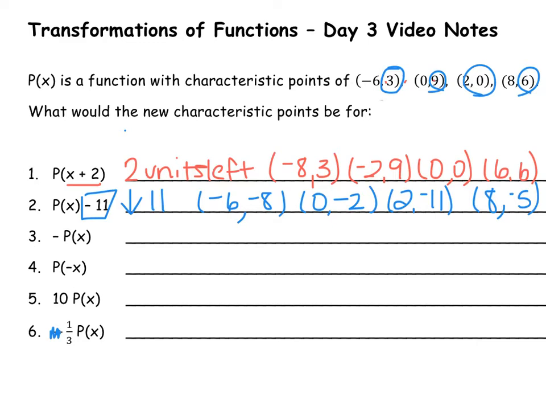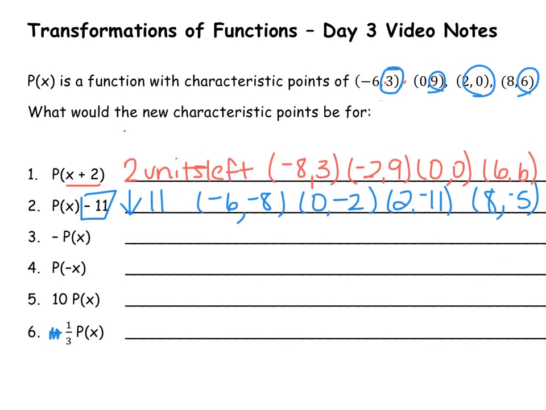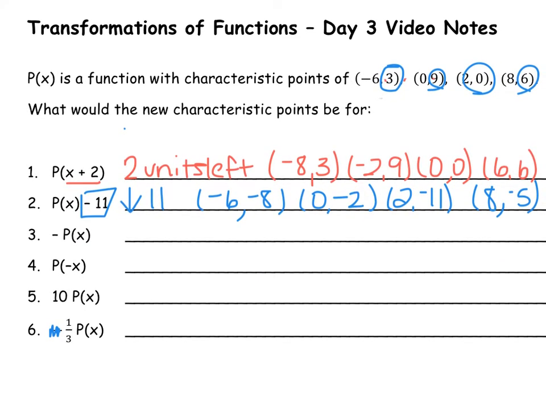For this next example, and we'll explore this more in class, the negative in front of the function is going to reflect over the x-axis. So that negative will reflect this function over the x-axis. What that means is that our x value stays the same, and we get negative y.